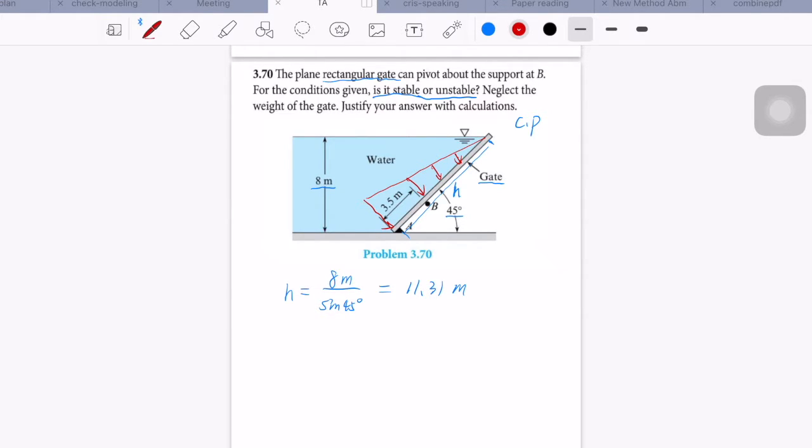We also know the gate is a rectangular gate. So we know that the YCP should be equal to 2/3 times the H along the gate from the water surface.